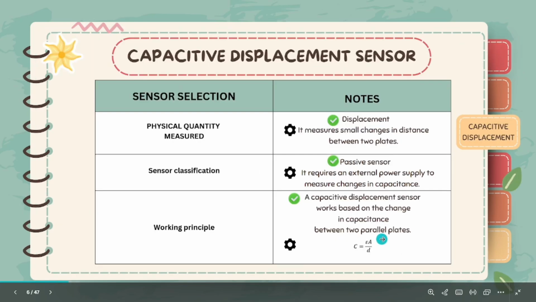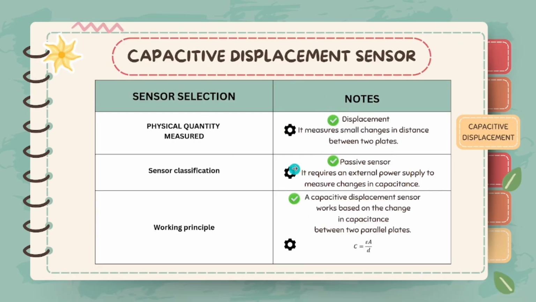Okay, the next slide will explain about capacitive displacement sensor. The physical quantity measured for this sensor is displacement. It measures small changes in distance between two plates.